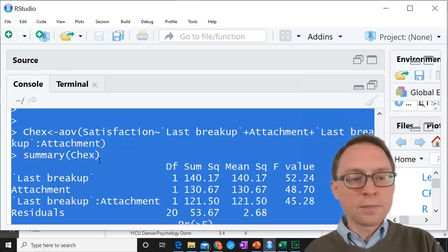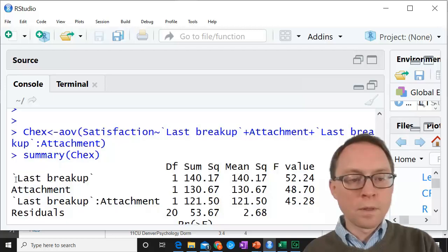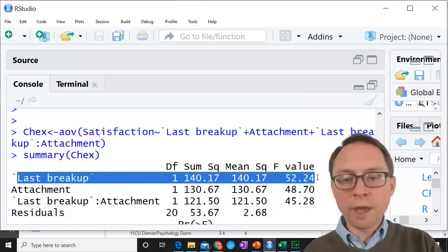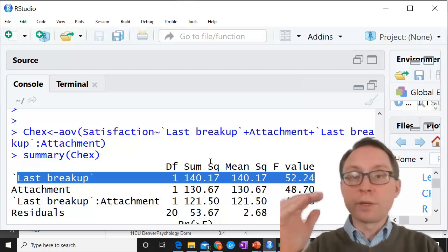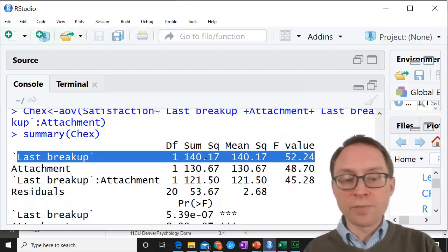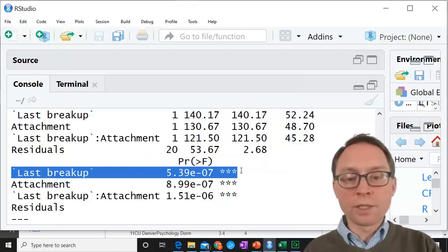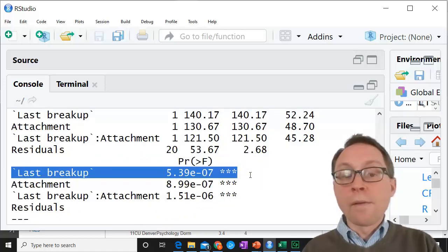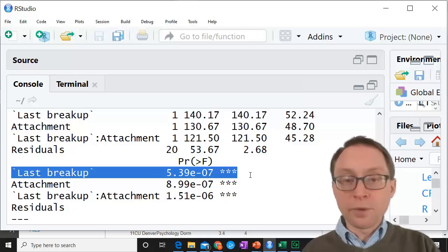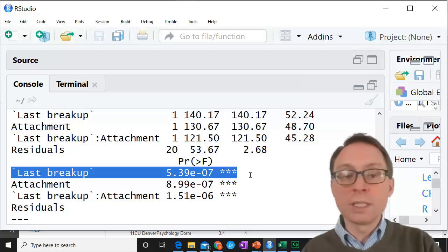But this line right here is the main effect for the last breakup. It's just looking at the dumpers compared to the dumpees in their satisfaction. And this is the p-value, because it's going on the next line just because it ran out of space. There's a significant difference between dumpers and dumpees.